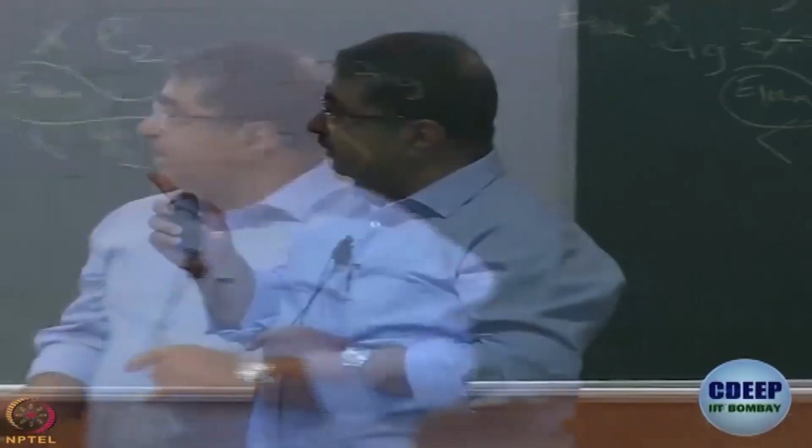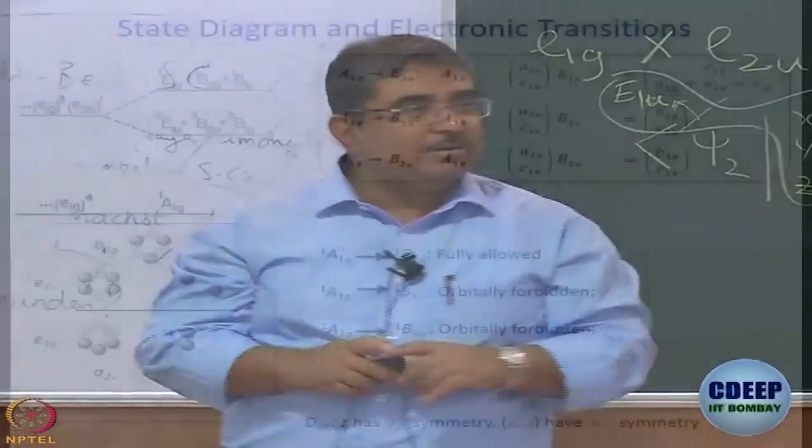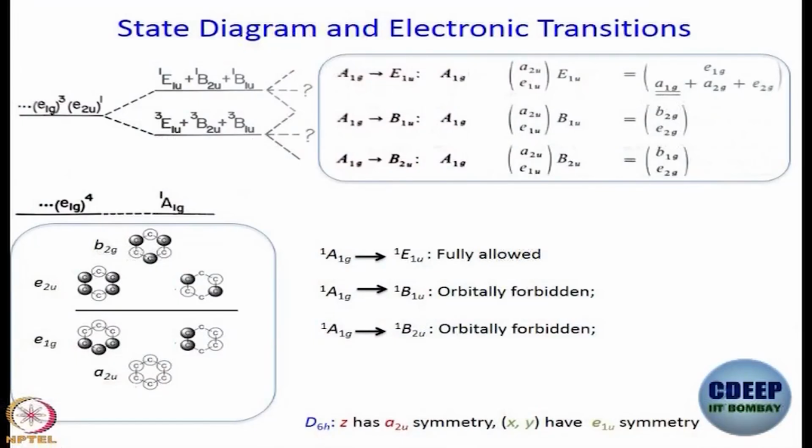Of course, singlet A1g to singlet B1u, is it spin allowed? This transition here, of course, it is orbitally forbidden. Is it spin allowed? Forget the orbital part, singlet to singlet, that is spin allowed, right? Singlet A1g to singlet B2u, orbitally forbidden, I agree. Is it spin allowed?